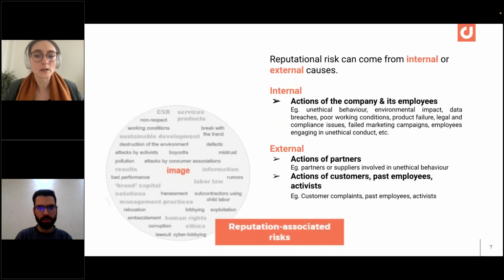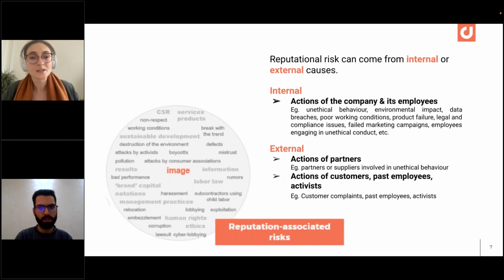So let's have a closer look at the reputation threats. Some will come from internal causes, others can come from external causes. This is just to name a few. Among the internal causes are actions of the company or actions done by the company's employees. So we're talking here of unethical behavior, environmental impact, failure to respect compliance and regulation, product failure, service failure, and data breaches.